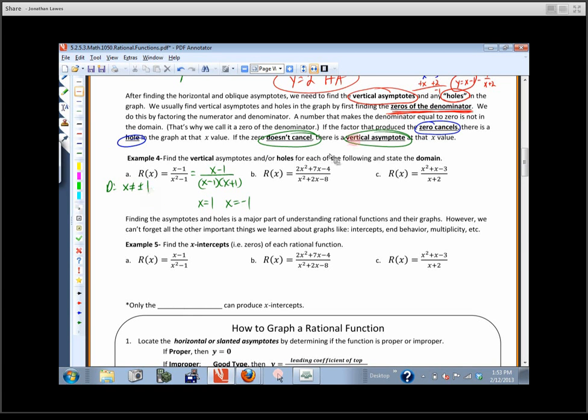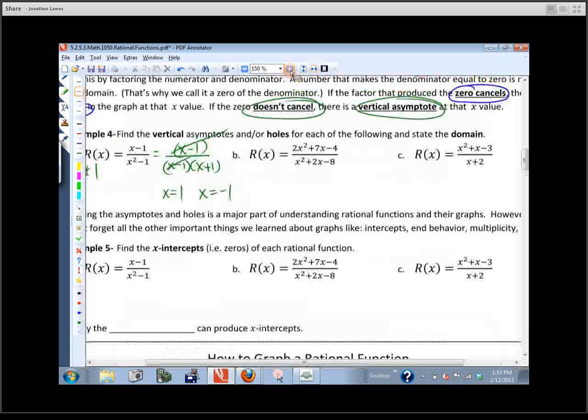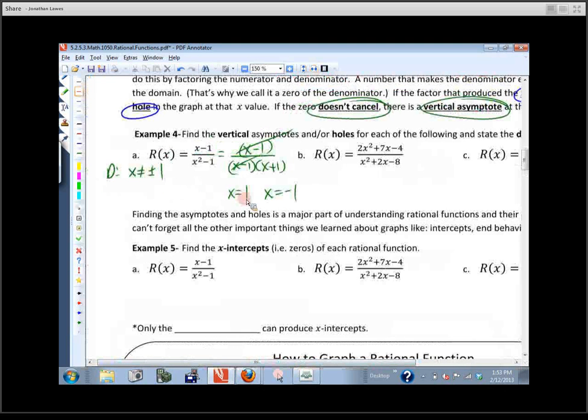Okay, now, what did we say up here? We said we want to simplify this and we want to cancel things off. We want to make this as simple as we can. Can I cancel anything? I can. I can cancel that one with that one. What that means is, at x equals 1, because that canceled off, I have a hole there. At x equals 1, I'm going to have a hole.